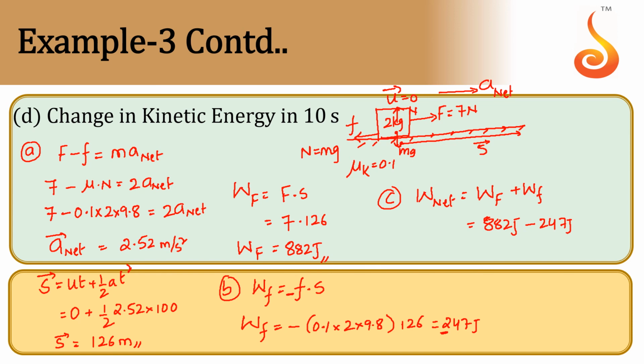This will give us the net work done, which is 635 joules. And option D, change in kinetic energy in 10 seconds. According to the work energy theorem, change in kinetic energy is equivalent to net work done. Therefore, change in kinetic energy is equal to net work done, which is 635 joules.